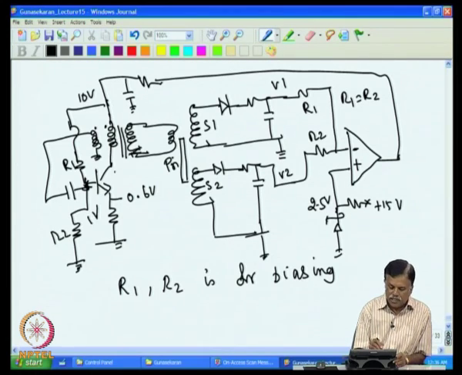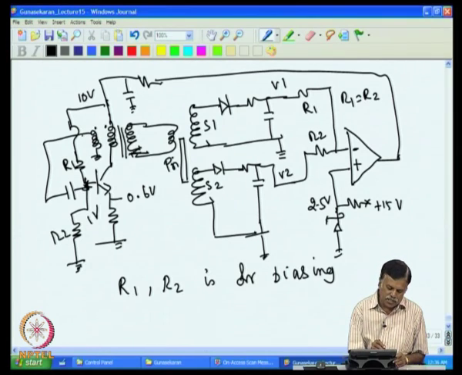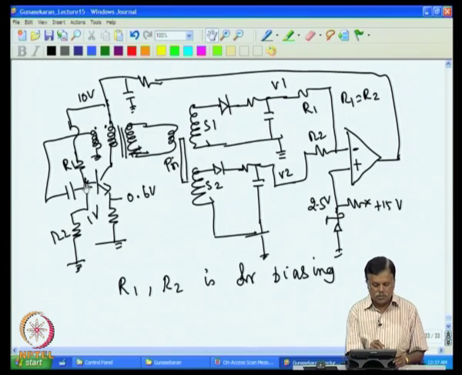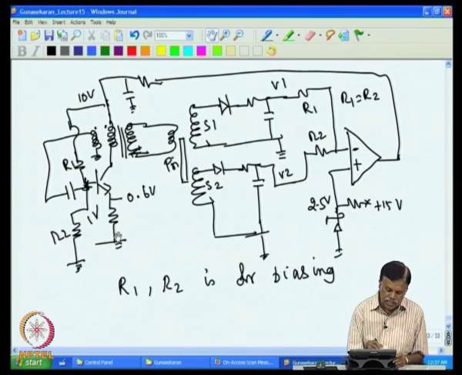When the positive voltage comes here, that voltage is added along with the DC voltage that is coming from here. So, you get an increased voltage. When the voltage increases, then this current increases here, and then a further increase in magnetic field is expected.